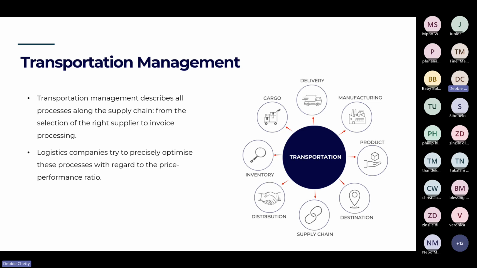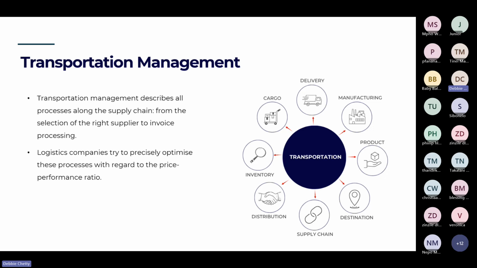Right. So for the movement of goods and services efficiently, effective transport management is important, right? We need to have the correct transport management strategies and systems in place that will ensure that the goods get from the company or the retailer to the customer.